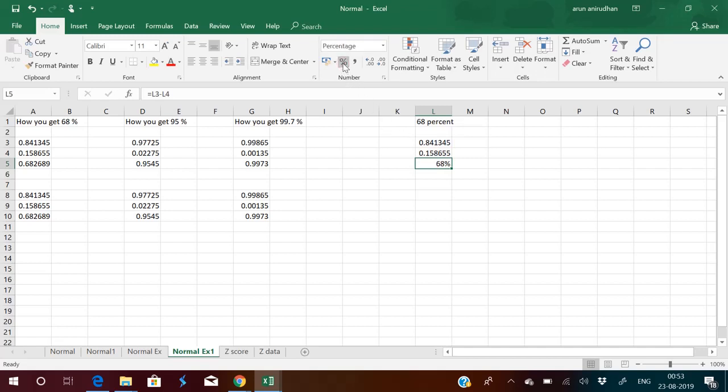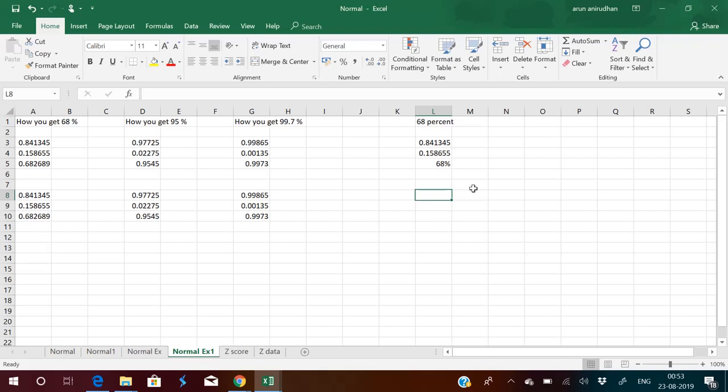68%. So now I will do it using z value. Okay, for that the equation is Norm.S.Dist. Okay, I use that one here, so we will try that one. Norm.S, so S corresponds to, if you are using z value.